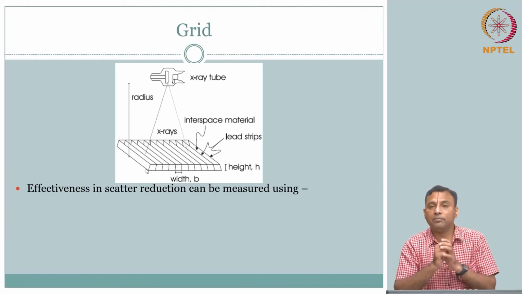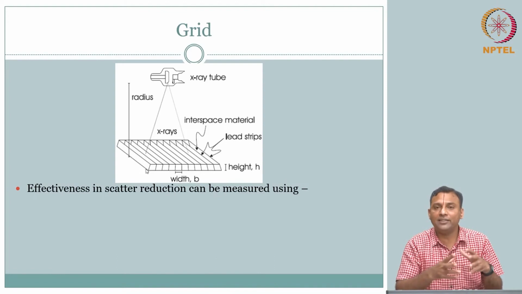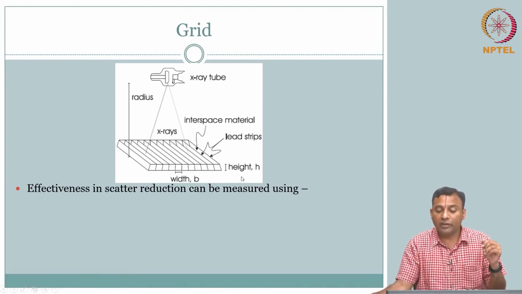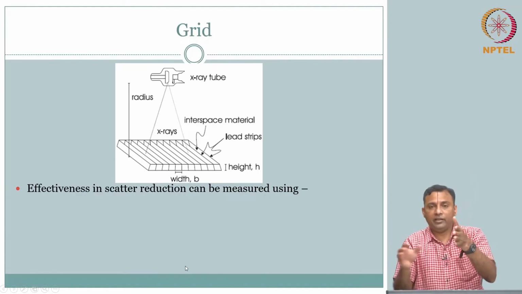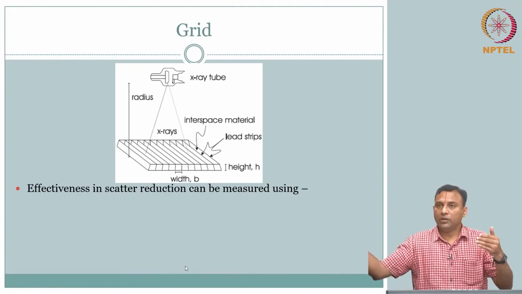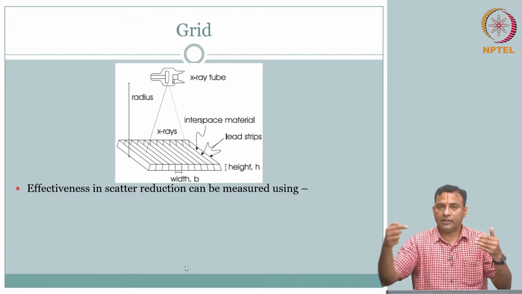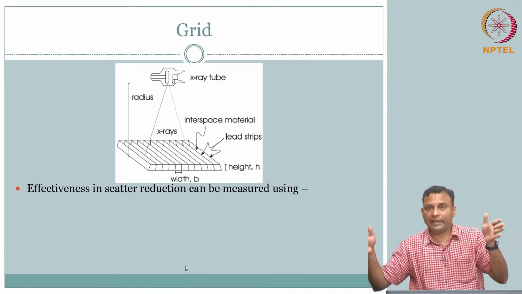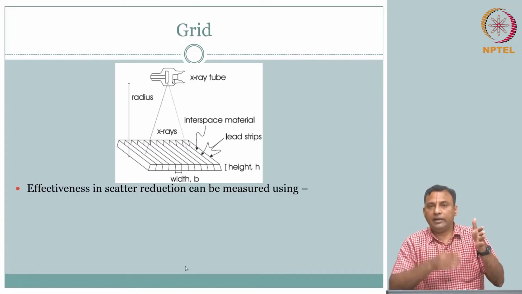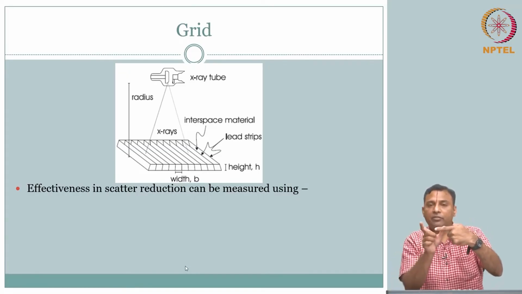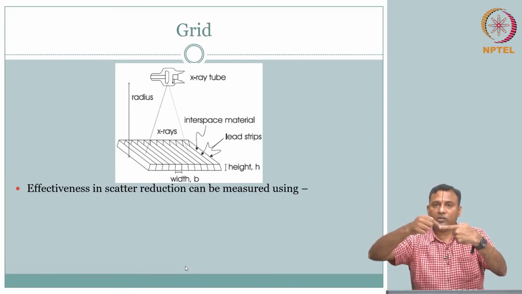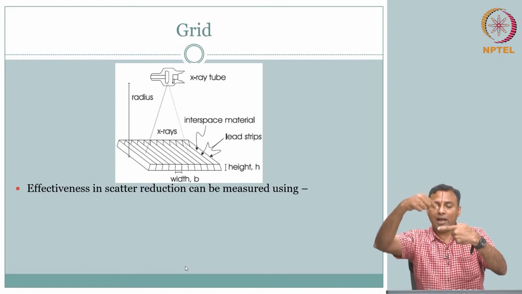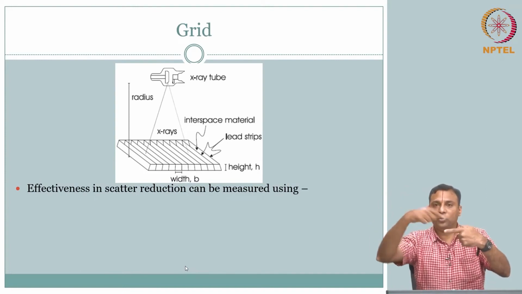So how can I talk about effectiveness? I can think about what is a favorable condition. I have one, which is H, and the other, which is B. If this is my source, this is my detector, and I have this grid here, you can think that if the height of the grid is more, then there is a good chance that more angles will be hitting the lead and cannot go through.